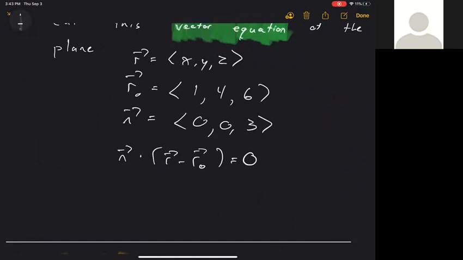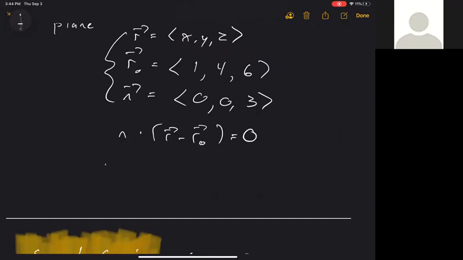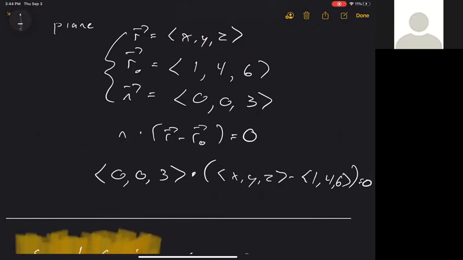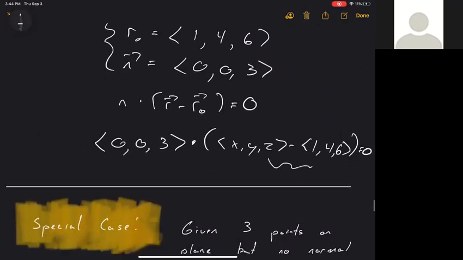As long as I've written out these three, my final answer could be written like this. If I don't want to write out these equations, I could write out the single vector equation. I could also write this, and then again, I could combine these into one vector as well.